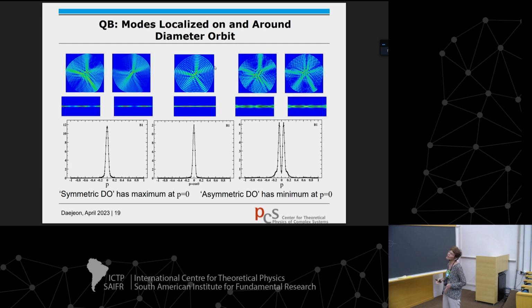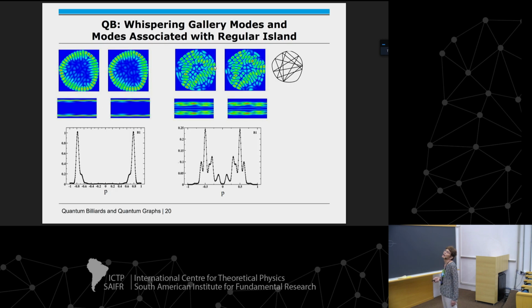So in this turquoise island around the diameter orbit, you find something like these two: one is a symmetric and the other an antisymmetric diameter orbit pair. Or you also find whispering gallery modes. Whispering gallery modes in the quantum system correspond to wave functions which are well localized close to the boundary.